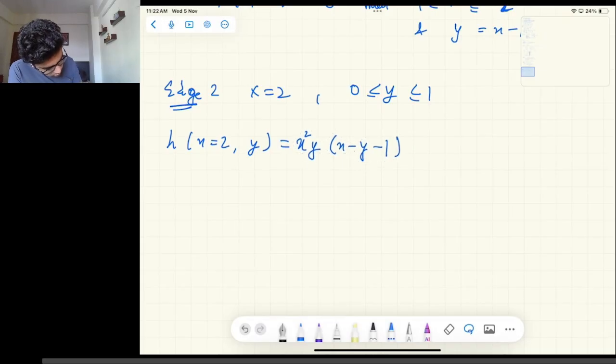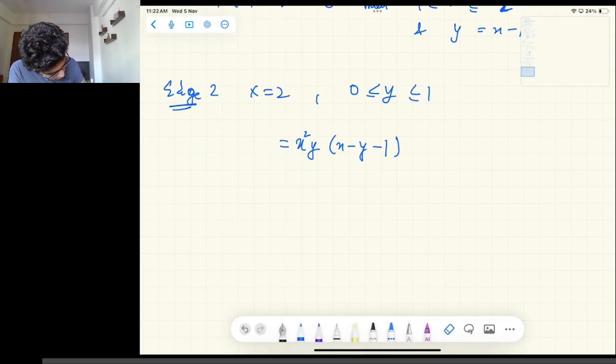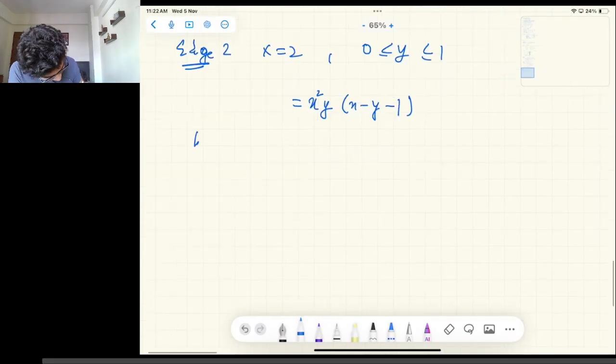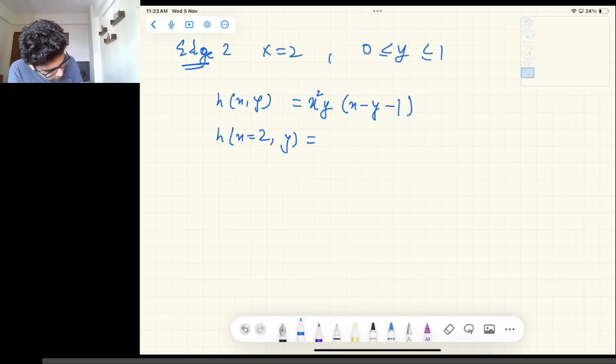So if I substitute x is equal to 2 here, this will give me 4y, and 2 minus 1 is 1 minus y, right?